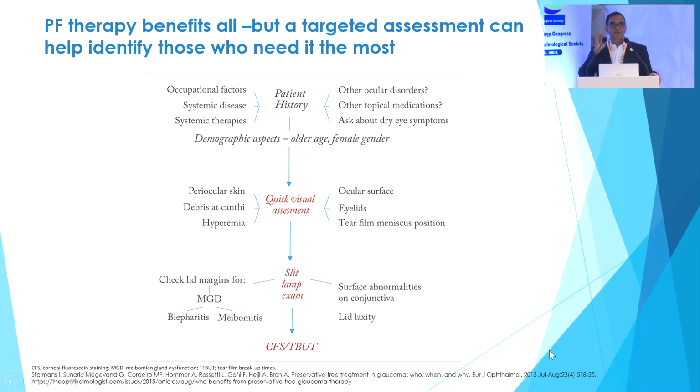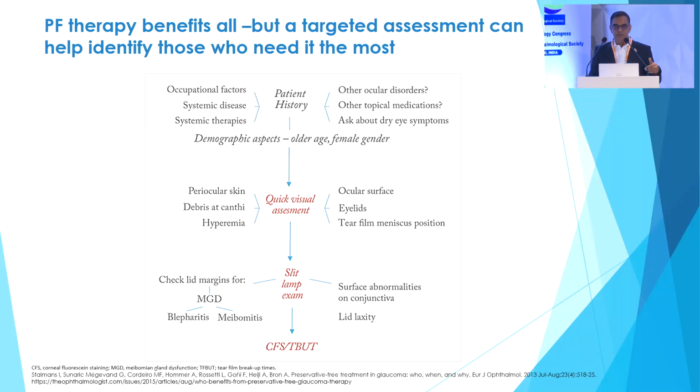So preservative-free therapy will definitely benefit all, but obviously we can't give this relatively more expensive, totally preservative-free glaucoma medication to all. So a targeted assessment would help identify those who need it the most. You need to look at the patient history, their symptoms, other ocular disorders, what other medication they are probably using, and ask about dry eye symptoms, the occupation, the systemic disease and systemic therapies which can have an effect on possible dry eye development, especially older age and the female gender.